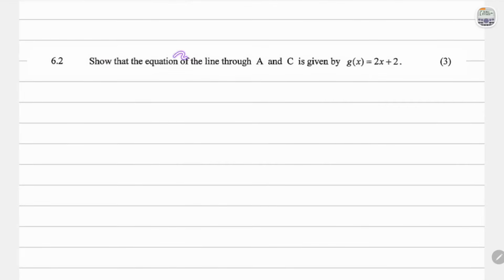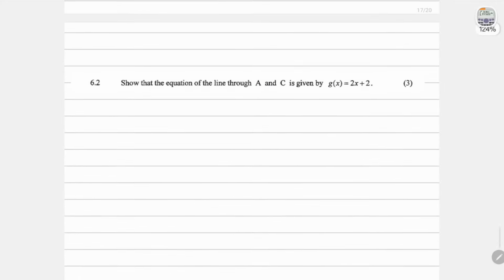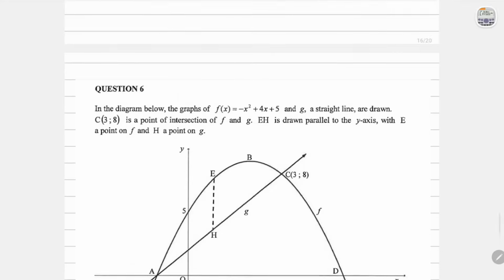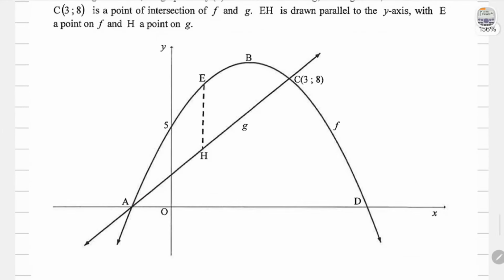Question 6.2 says, show that the equation of the line through A and C is given by g of x equals 2x plus 2. You can see that if it goes through A and C, we just need these two points to find the equation. So A is missing. A is also one of the x-intercepts of the parabola, and at the x-intercept, you know that y is simply equal to 0.